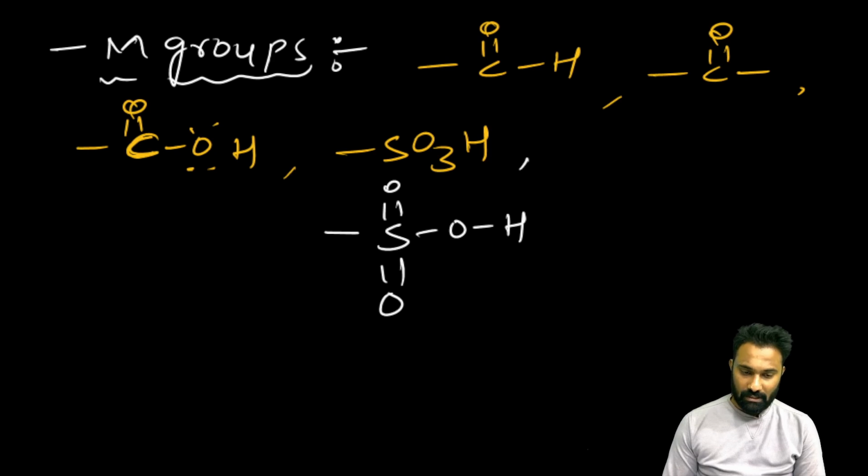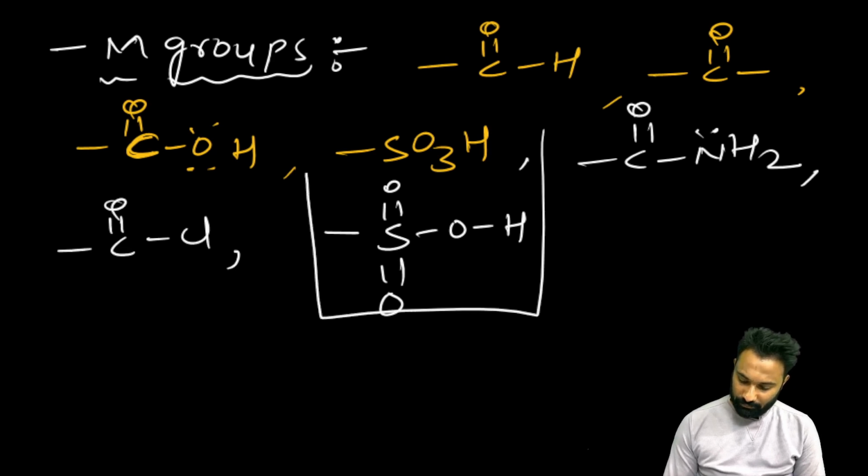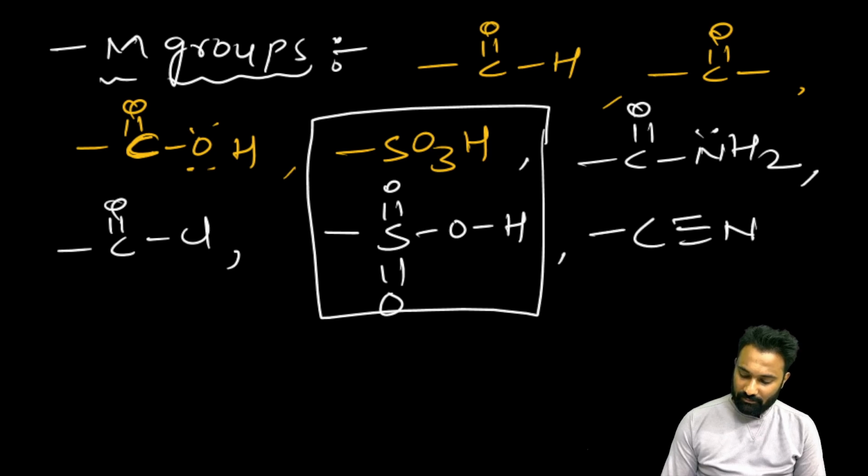Clear? Done. Next one will be the acid amide. Now this is the acid amide. For this acid amide also, the carbonyl carbon does not contain a lone pair of electrons. And next will be the acid chloride. Then next one will be the cyanide. Clear? Done. Next one will be the nitro, NO2. For this nitro also, there is no lone pair of electrons on the nitrogen.